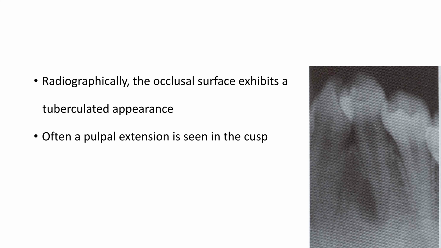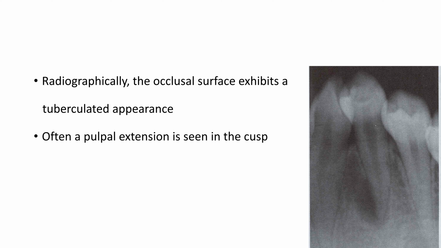Then the radiographic picture. Radiographically, the occlusal surface exhibits a tuberculated appearance. In the picture you see a radiograph of a tooth with tuberculated occlusal anatomy. Often pulpal extension is seen in the associated cusp.